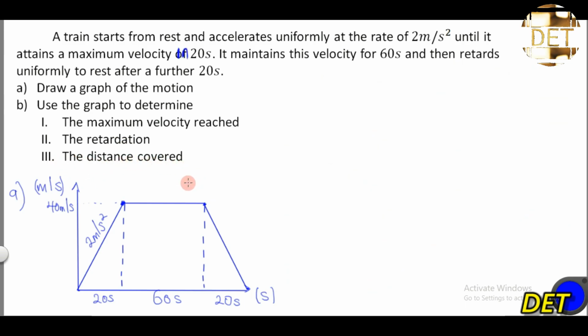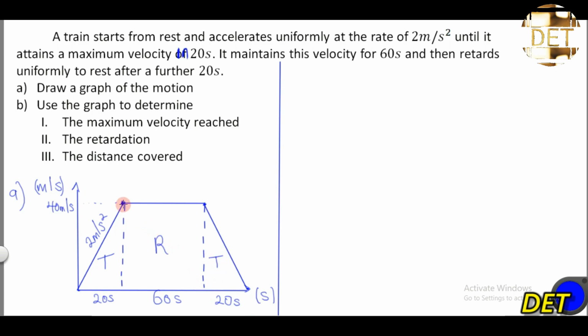Then the next thing that we have to look for is the distance covered. From what I've said before, the distance covered in a velocity time graph is equivalent to the shape of this motion graph. In this motion graph, we have a right angle triangle, a rectangle, and another right angle triangle.